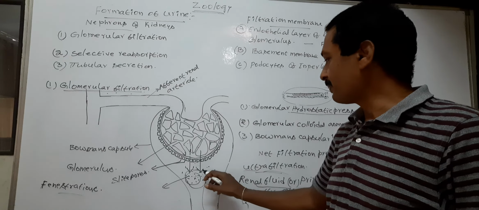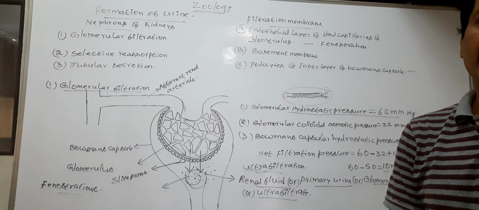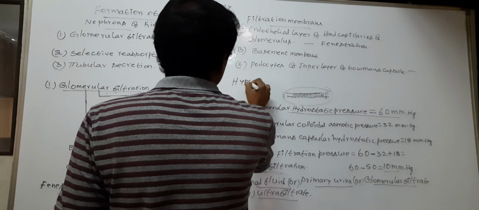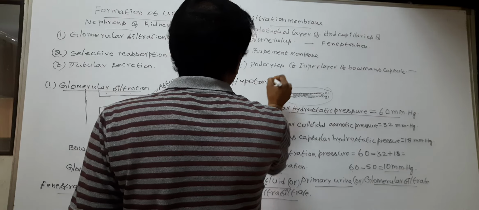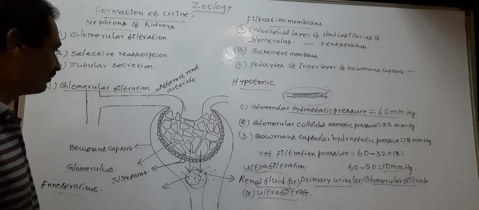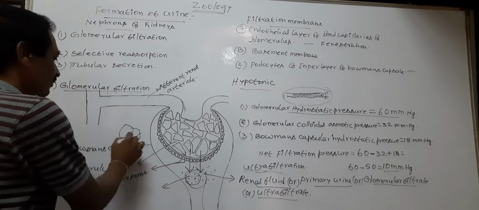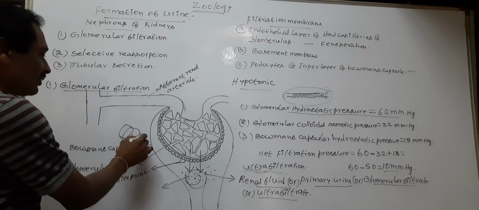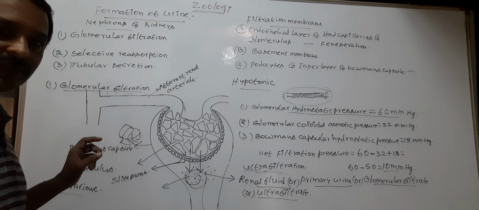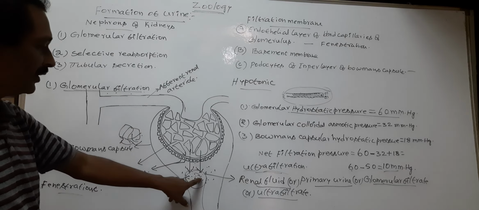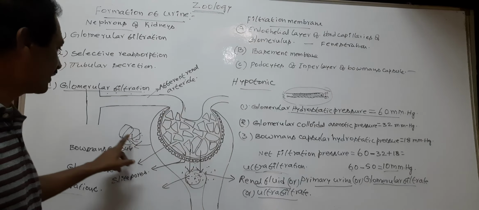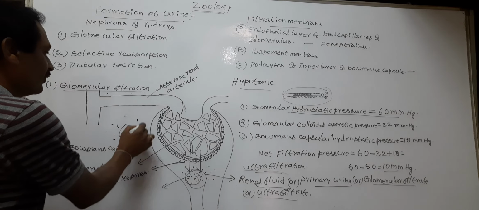Next, the primary urine is hypotonic to the cortical fluid. Cortex is filled with connective tissue, and in the cortex, fluid is present. So the primary urine in the lumen of the Bowman's capsule is hypotonic to cortical fluid.